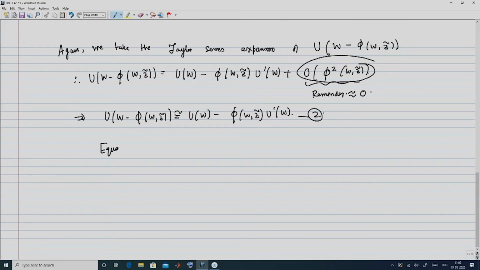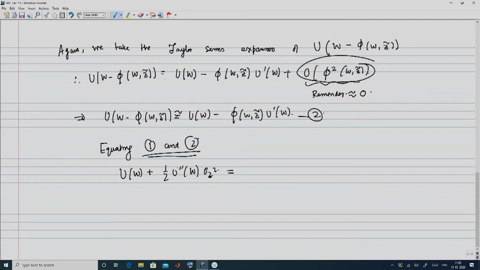So, equating 1 and 2, what do we get? We get that u of W plus half u double prime of W sigma z square, I can equate that because the left hand sides of both 1 and 2 are equal. So, the right hand sides will be equal.